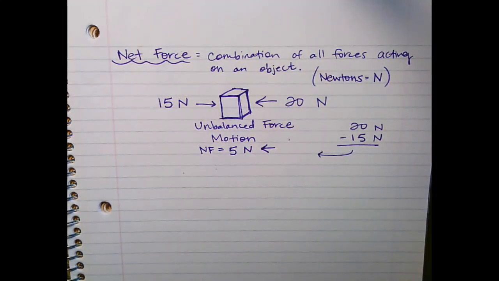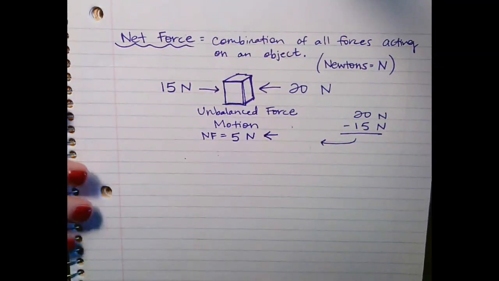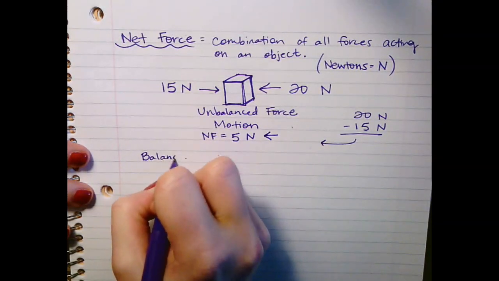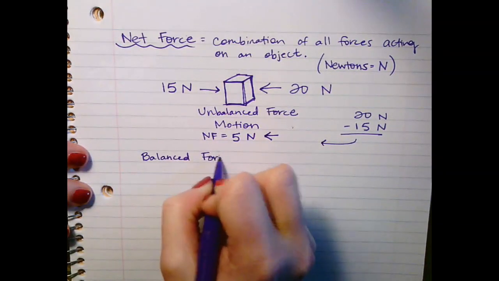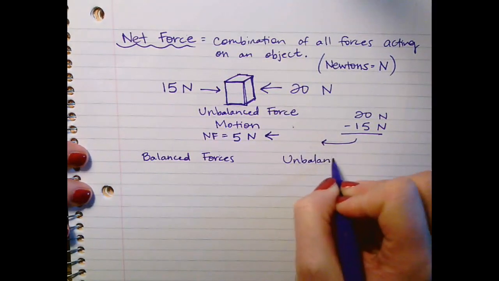I think you guys probably remember this, but we're going to do another little T-chart to go over this. So we have what we call balanced forces, and we have what's called unbalanced forces.